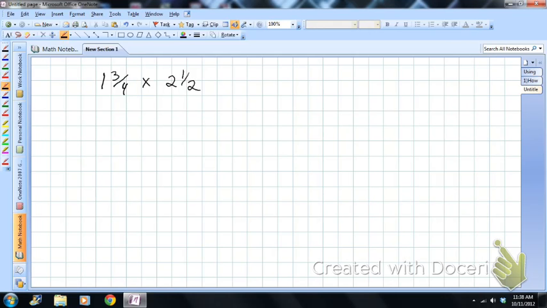First of all, how many rectangles do I need? If we look at this first fraction, the next whole number that's larger than 1 3/4 is 2. And the next whole number that's larger than 2 1/2 is 3. So I'm going to need 2 times 3, or 6 rectangles.